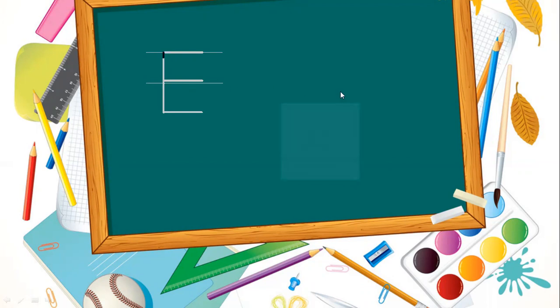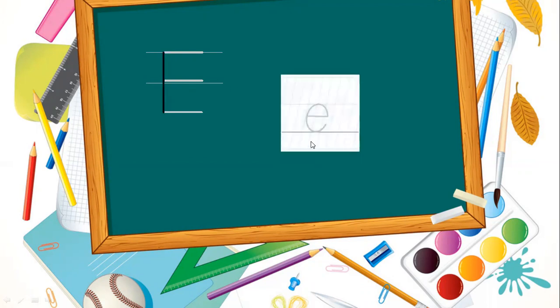Now a small e, this is the small e. Start from the middle of the middle line and draw a small sleeping line. Then at the end of the sleeping line, draw a complete curved line that touches the bottom.